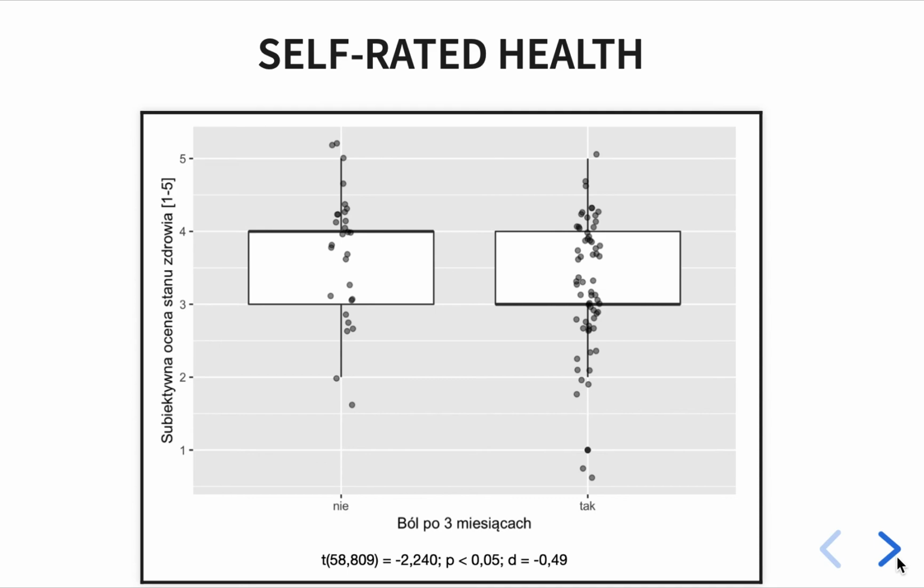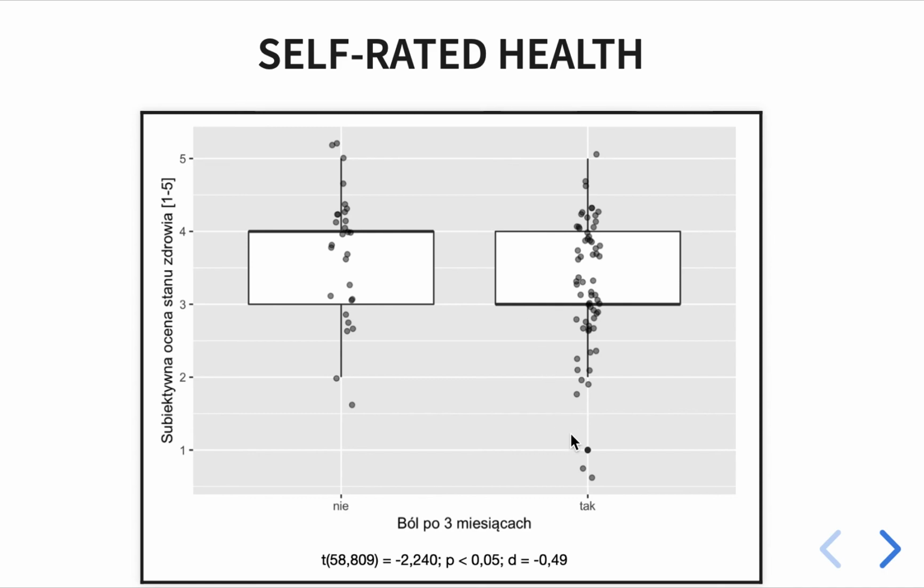Our main result is that this very simple variable called self-rated health, where you judge your overall state of health from 1, very bad, to 5, very good, could predict whether or not somebody had chronic pain after 3 months, using this measurement on admission. As you see here, I'm sorry for the Polish labels, this is the group with no back pain after 3 months, and this is the group with back pain after 3 months.